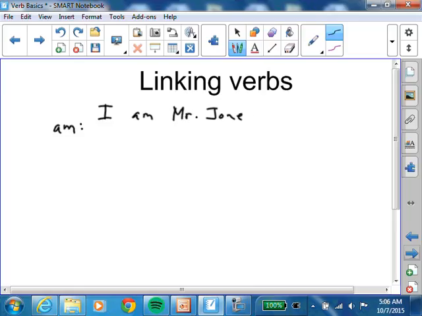Now, if you go back to that definition of linking verbs that we were just looking at, we said that a linking verb links the subject of the sentence, and the subject is what the sentence is about, namely, in this sentence, I. And the linking verb am links the subject to a noun or a pronoun, in this case, Mr. Jones, which further identifies the subject of the sentence.